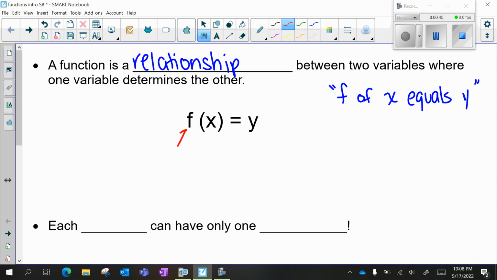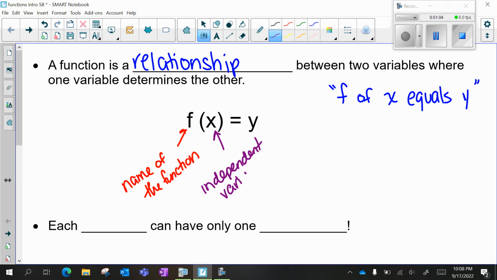So f is the name of the function. X is your independent variable, known as our input.